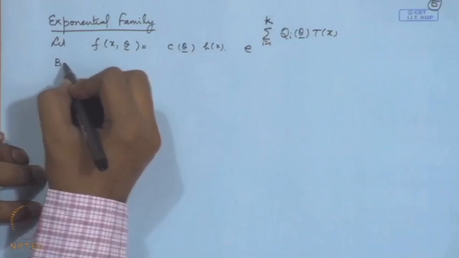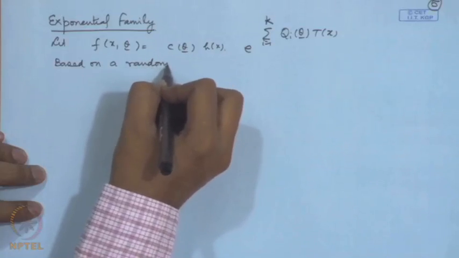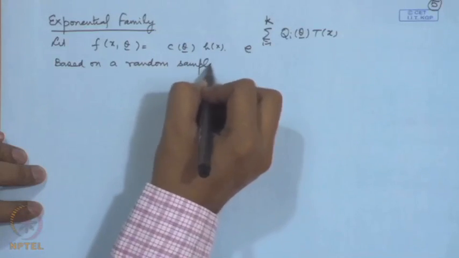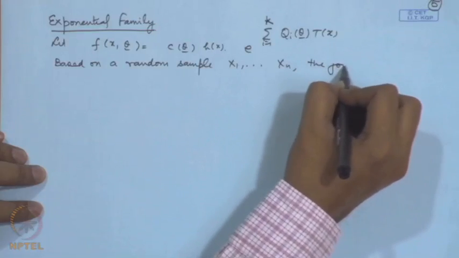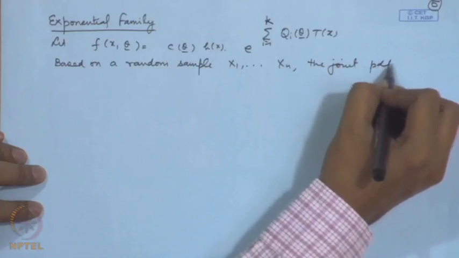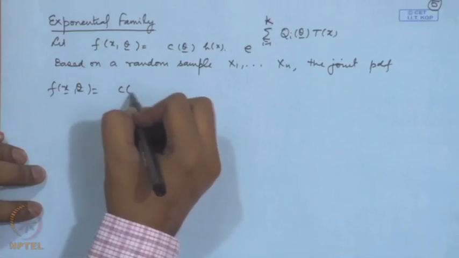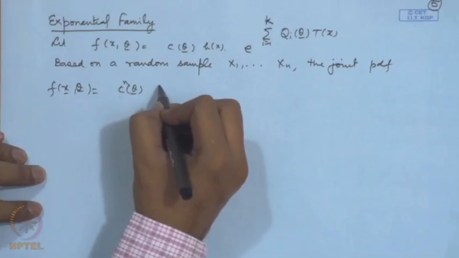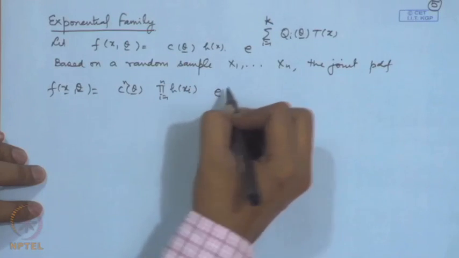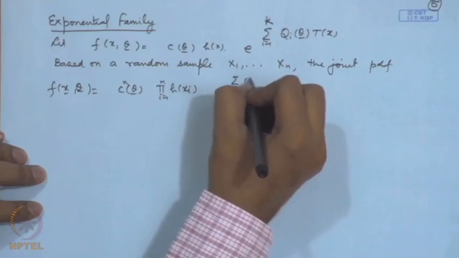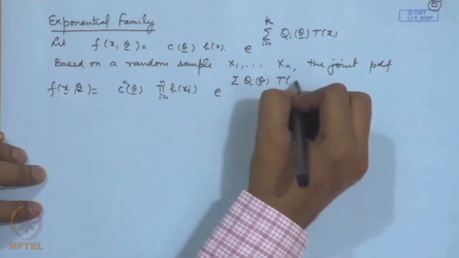So, based on a random sample x 1, x 2, x n, the joint probability density function we can write as c theta to the power n, product of h x j, e to the power sigma q i theta t i x j, i is equal to 1 to k, sigma j is equal to 1 to n.